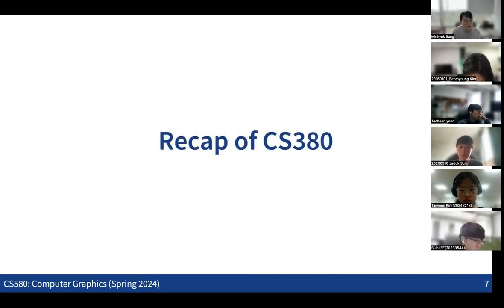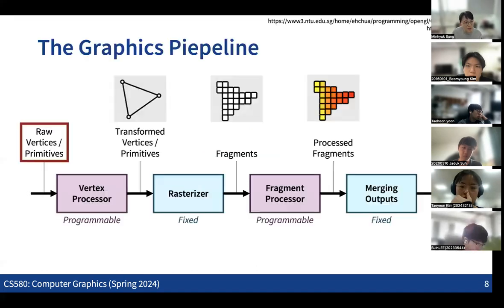So what we are going to do for today is briefly review what we have discussed in the CS380, especially for the students who did not take this course or who may not remember what we have discussed. So let's briefly review the OpenGL-based graphics pipeline. We are starting from the raw geometry, as you can see on the left-hand side.